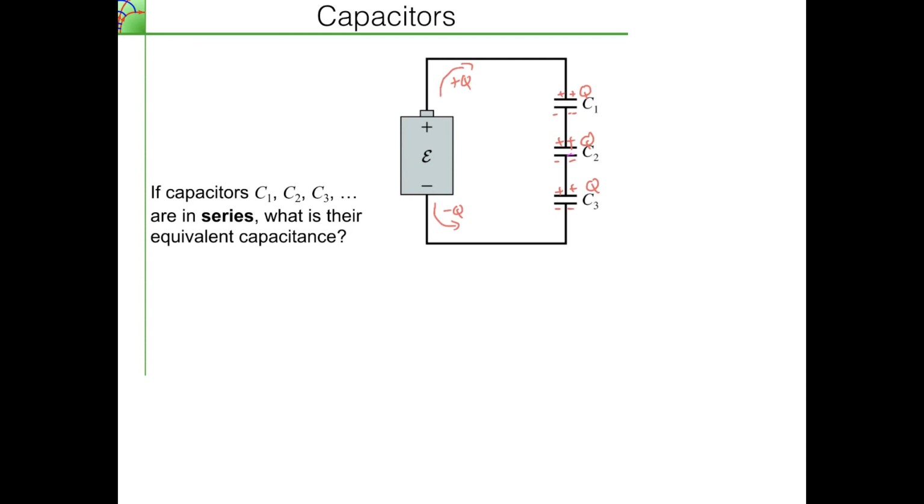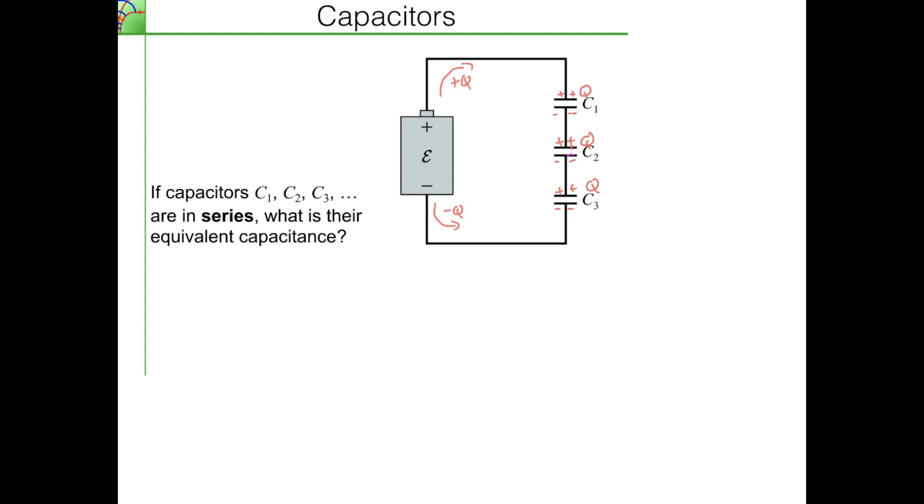Now, to figure the rest out, the voltage from here to here is E. That means that the voltage from here to here is also E. So the total voltage across that whole thing is E. If you go from here to here, the change in voltage should be equal to the change across the battery.